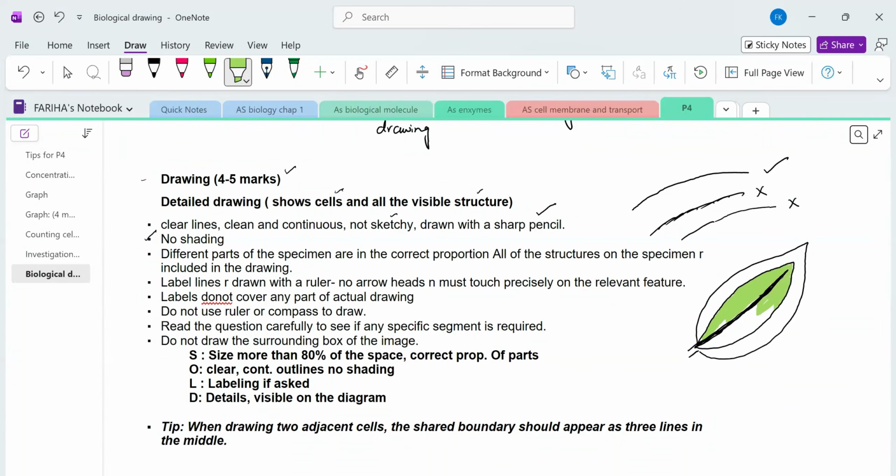Let's suppose the inner region is darker in color, because of course in your exam paper the diagram which is provided is not colored. It is an uncolored diagram.